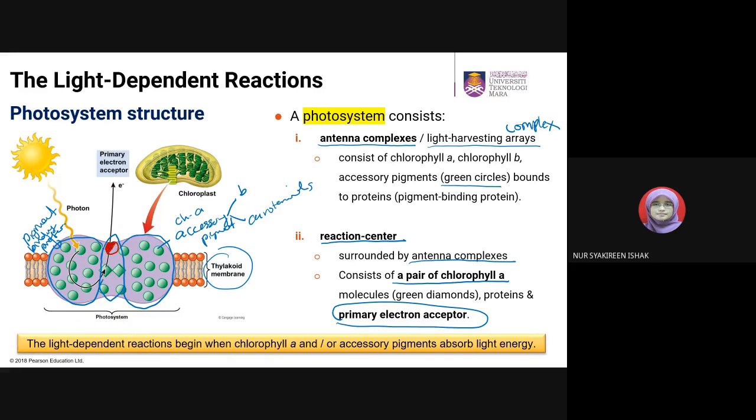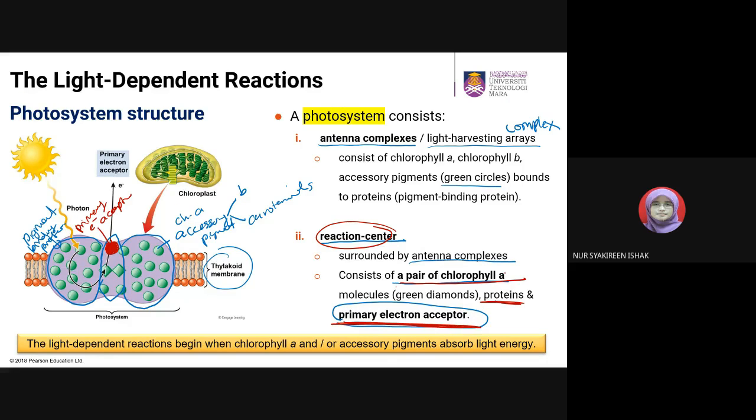Remember, the reaction center has a pair of chlorophyll A embedded in proteins, and also the primary electron acceptor.